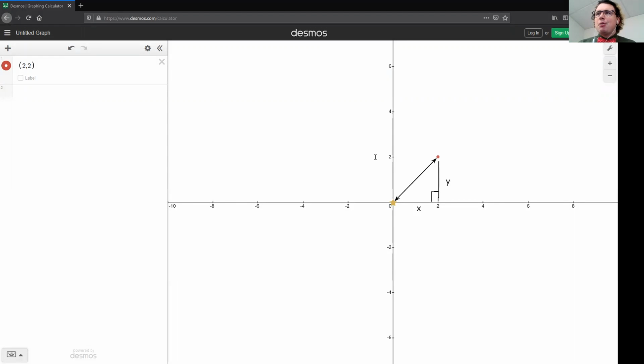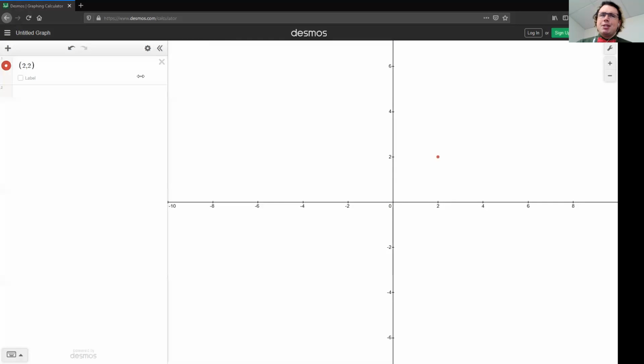Here, those are both 2. So I can calculate the length of the hypotenuse with the Pythagorean theorem. Here, that's going to be the square root of 2 squared plus 2 squared. So that'll be the square root of 8, like so. So now I know how far away my point is from the origin.